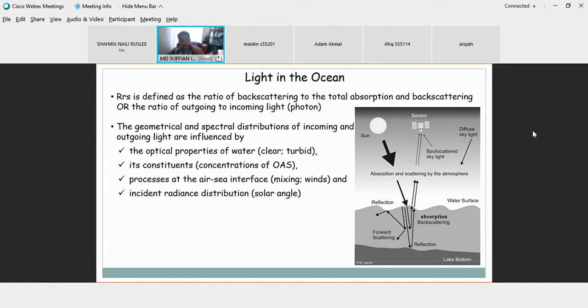Because at midday there may be more light, and light can penetrate deeper. In the morning and evening, because of very low solar angle, more radiation will be reflected off the sea surface, and not much goes in. So solar angle will also influence the spectral distribution of incoming and outgoing light.